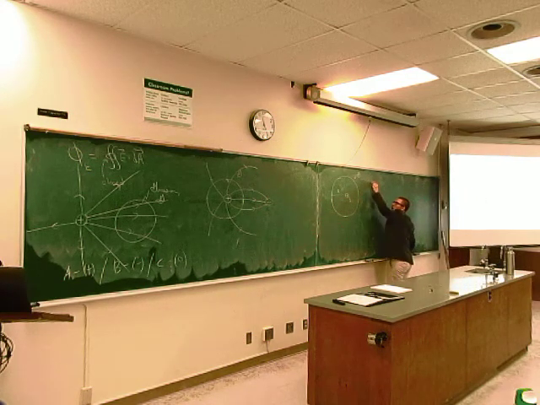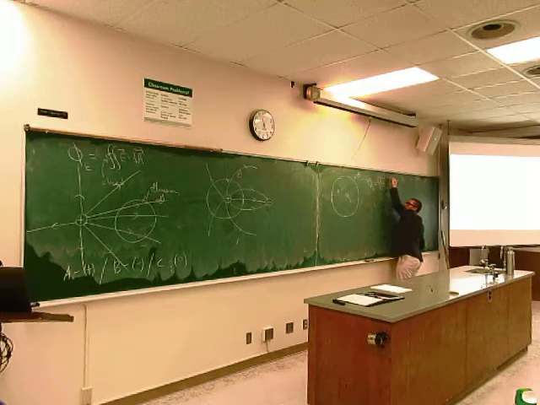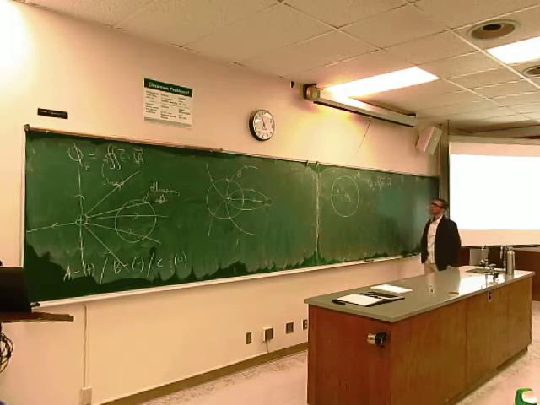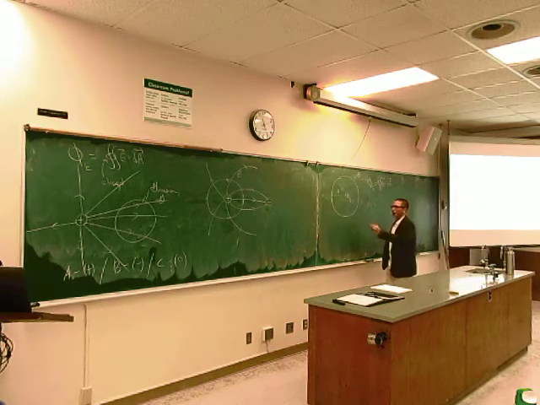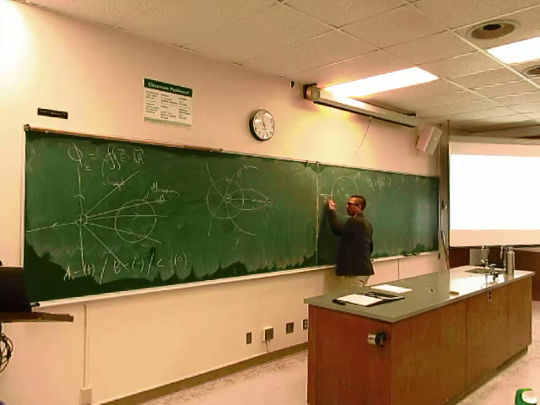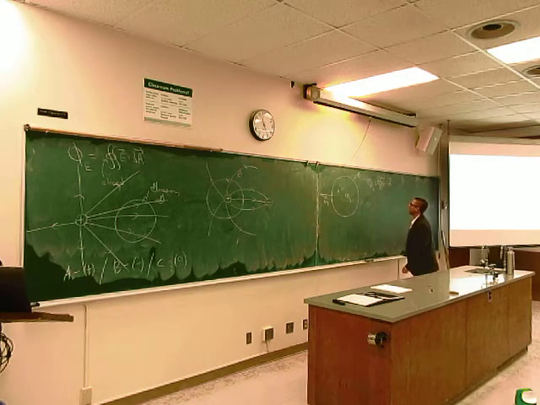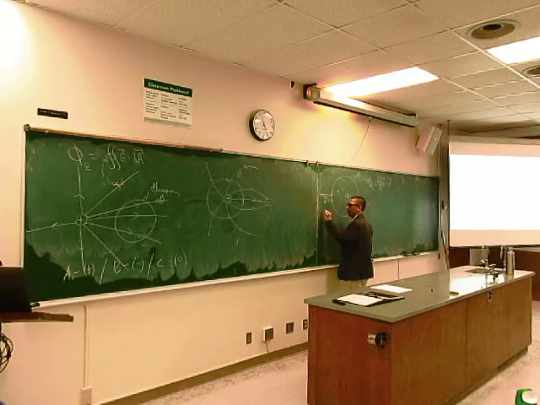The electric flux through the sphere is equal to the double integral of E dot dA, and it's a closed surface. Everywhere on the surface of the sphere, the electric field vector points radially away, and it has a value of 1 over 4 pi epsilon naught, Q over R squared, R hat.